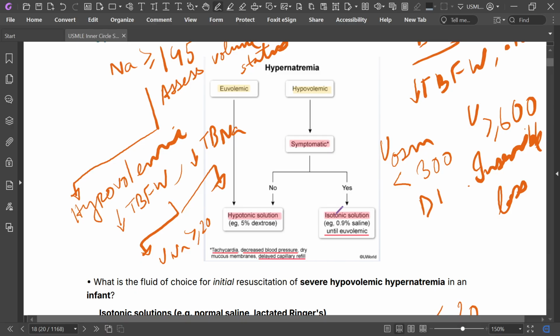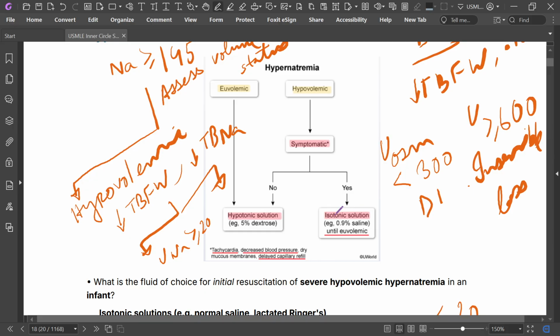If total body water is low and total body sodium is low, that means hypovolemic hypernatremia. Then you need to do the urinary sodium.